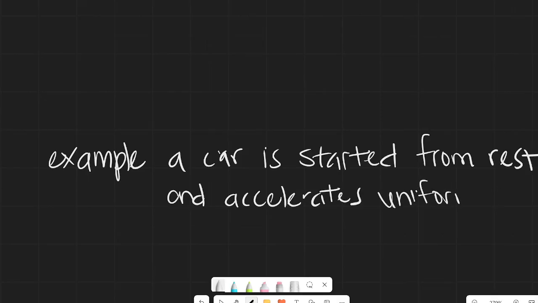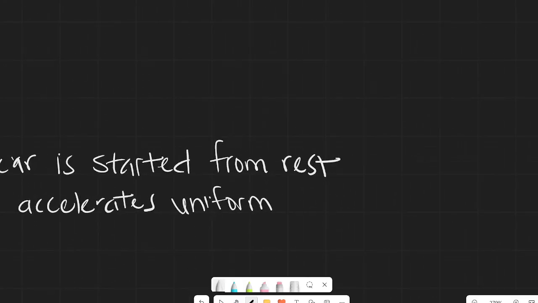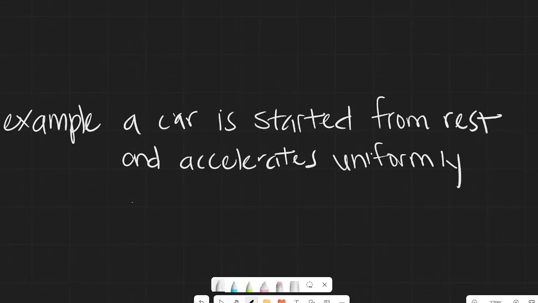So this is a clue. Also, starting from rest is a clue. And then we'll give our knowns here. So acceleration is always in units of length per time squared. And we'll just say for 5 seconds.